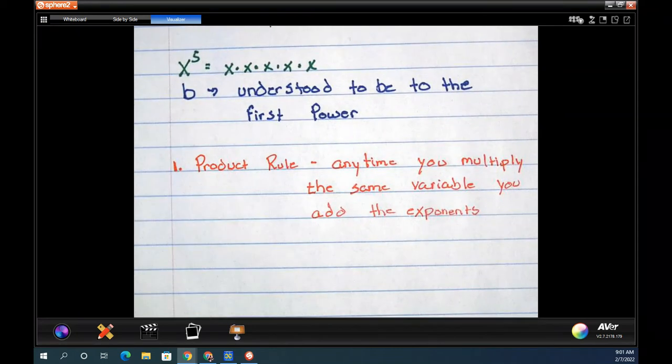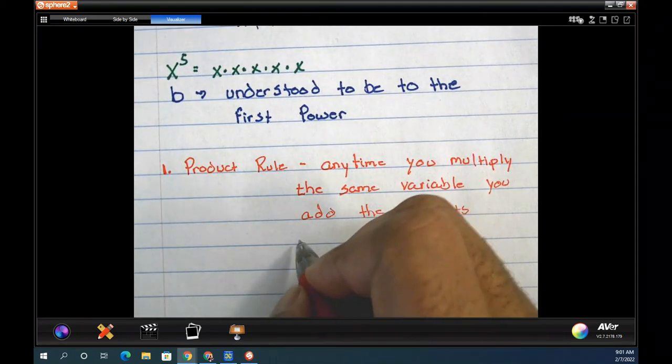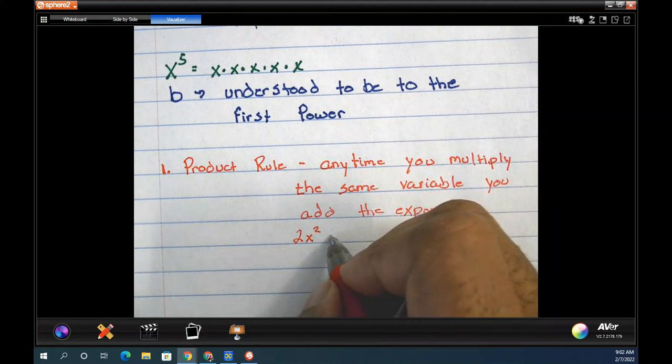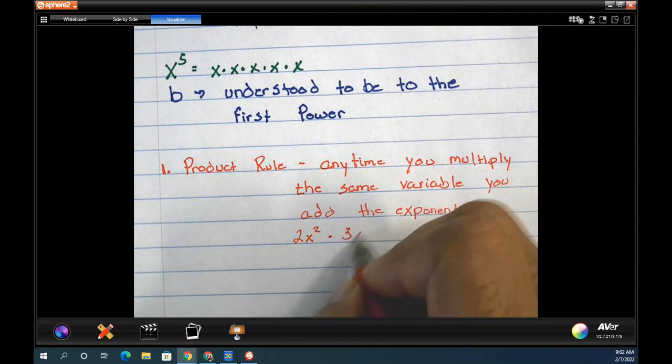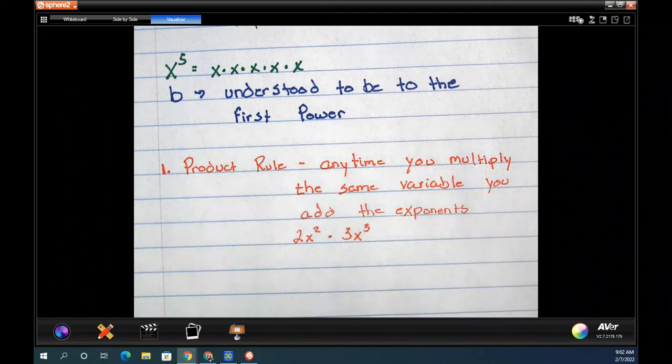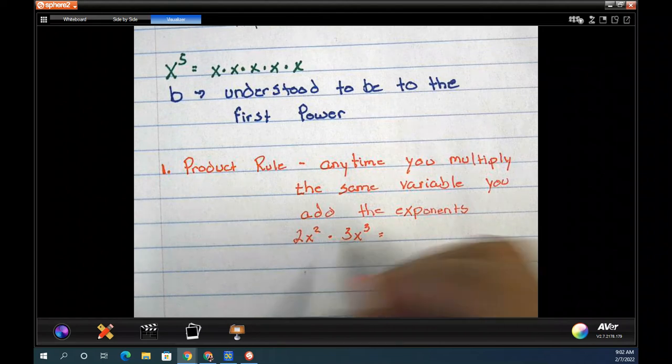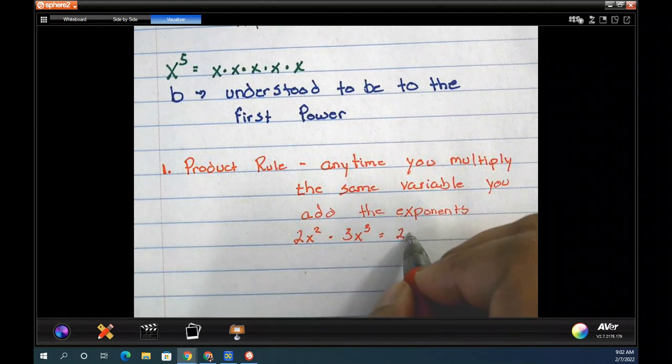Now, let me show you this. Let's say we've got 2x squared times 3x cubed, third power. You multiply the coefficients, 2 times 3.